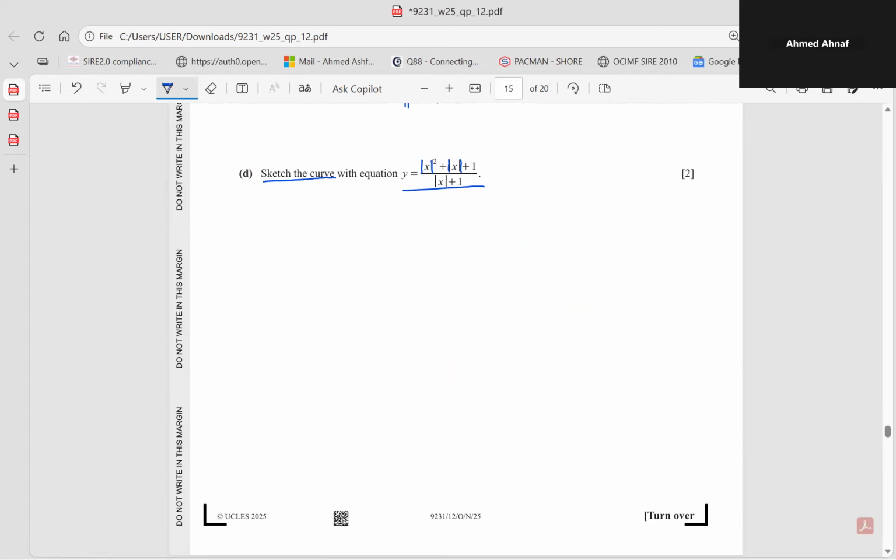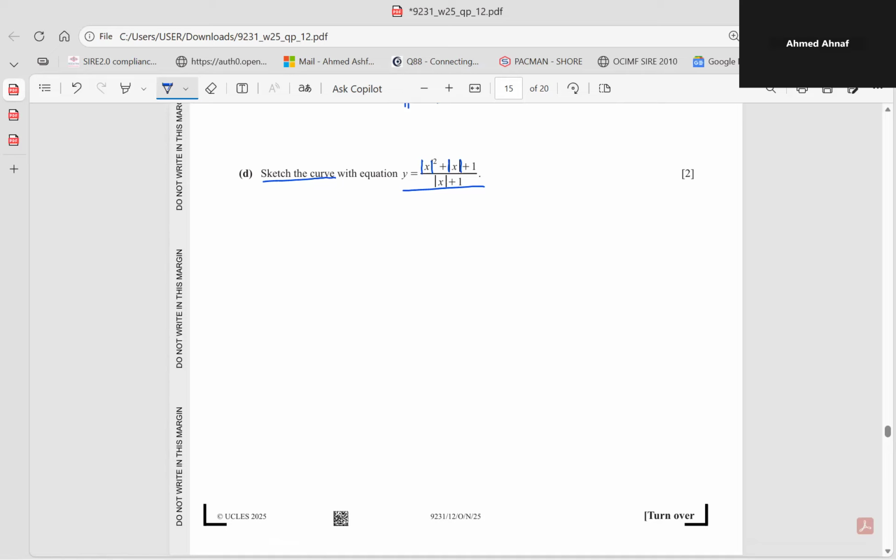And so what that means is even for the negative values of x to the left of the y-axis, it's going to take the same y values as the corresponding x values to the right-hand side.